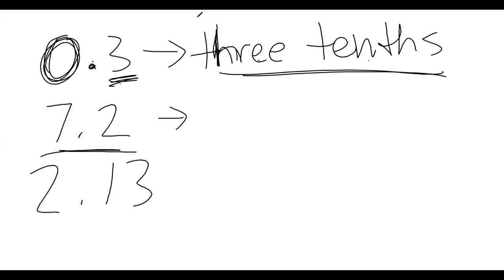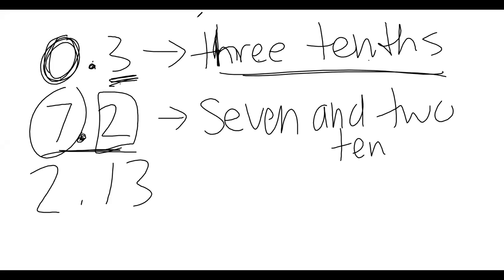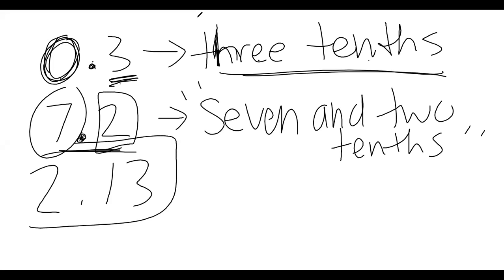So how about this one? Well, there is a whole number, so I'm going to write that, 7, and then that decimal says and. And then I have 2 tenths. Okay, so that's what that one says. And then here, again, here's the whole number, 2.